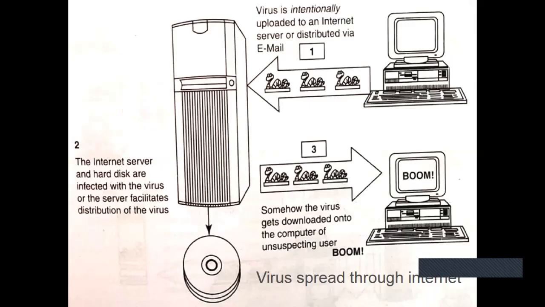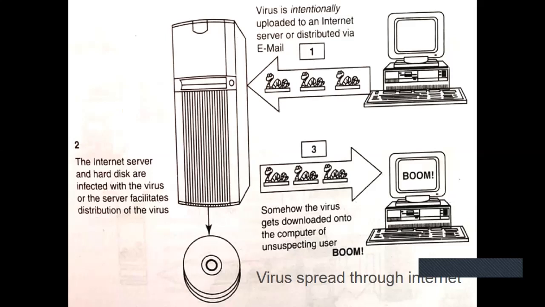Now suppose any of the users who are using this particular server requests something and wants to download that data. As the virus has spread within the server, the same virus is passed to the system of the user who has requested the data to download.